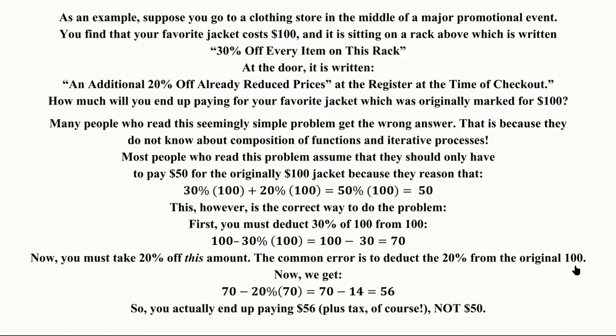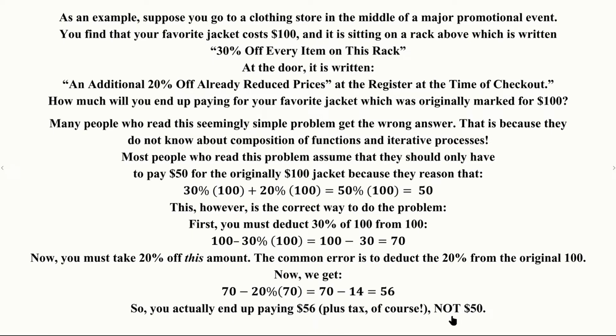That's where the main mistake occurs, right? So 70 minus 20% of 70 is going to be 70 minus 14, which is 56. So you actually end up paying $56 plus taxes, of course, and not $50.